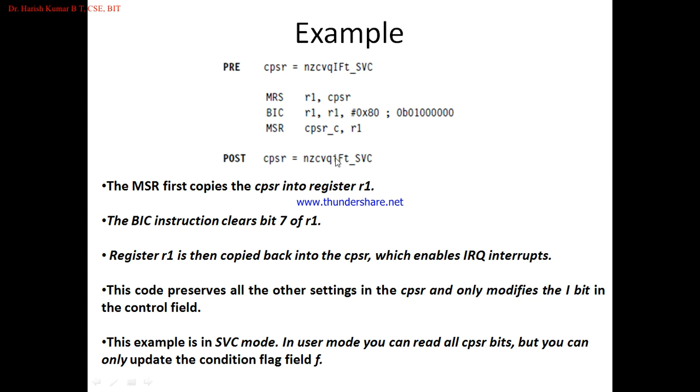When it comes to interrupts, 0 means enabled and 1 means disabled. Now here it was disabled, now here it is enabled. Why is it enabled? Because I gave this as 1, and when I apply BIC, this particular bit in register R1 will be 0, and we have the slow interrupts enabled.